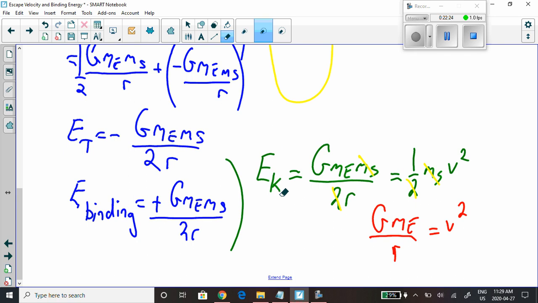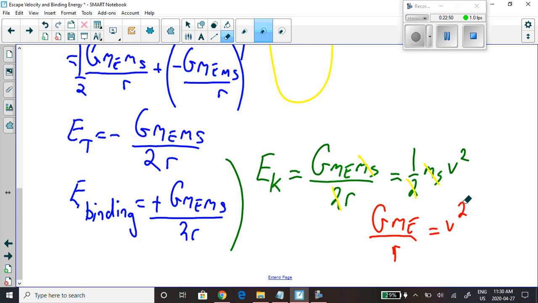So what would the kinetic energy be? It would equal this amount right here. And we know that that is equal to half the mass of the satellite times v squared. So let's look at these two terms. Mass of the satellite cancels, the halves cancel, and we have G, mass of the Earth, all over whatever radius this satellite is from the center of the Earth, equals v squared.